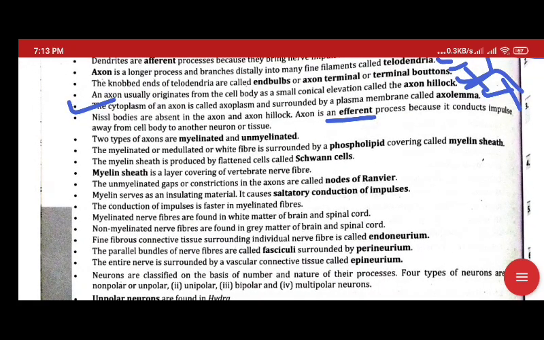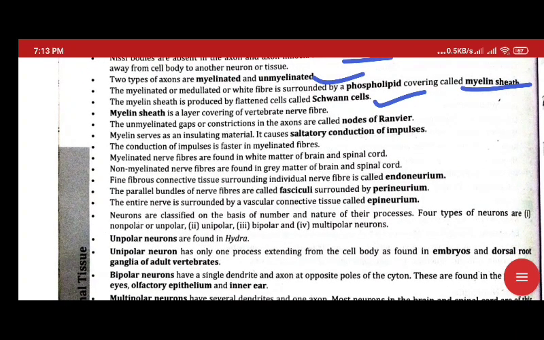Now there are two types, myelinated and unmyelinated. Myelinated means covered with myelin sheath, the covering of the fiber. The node of Ranvier is the unmyelinated gap between two myelinated parts, with a frog-jumping like mechanism.